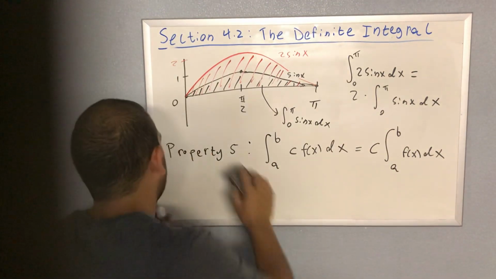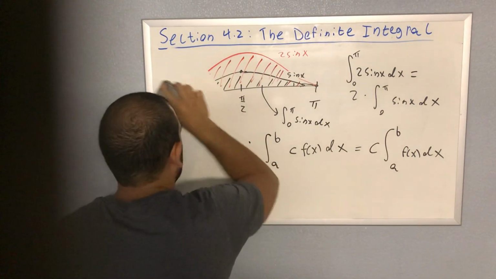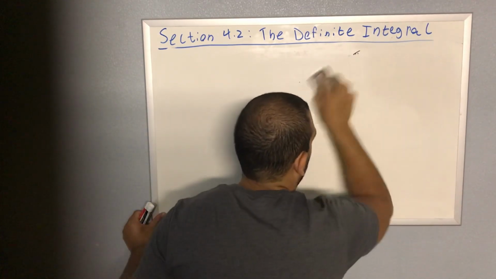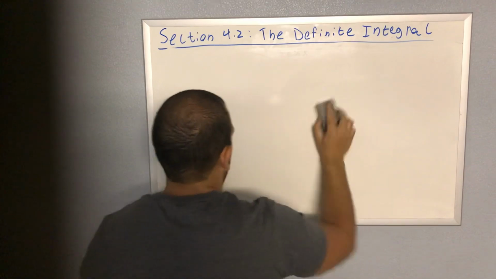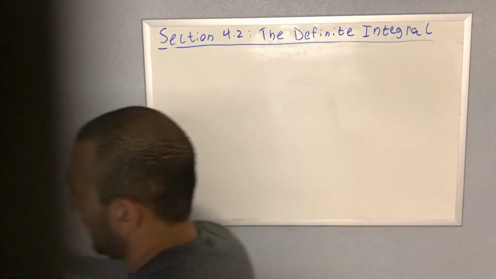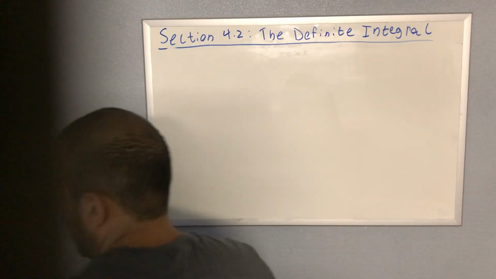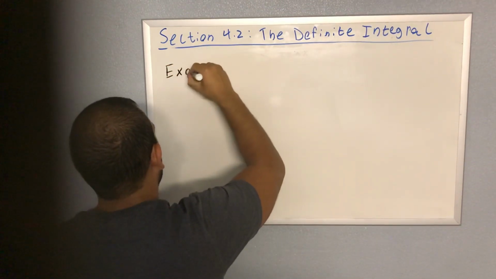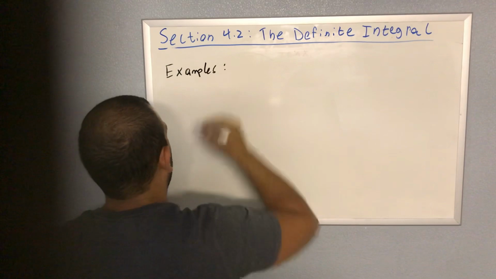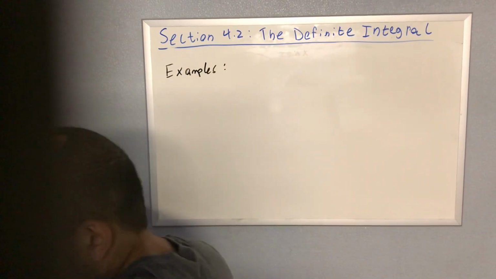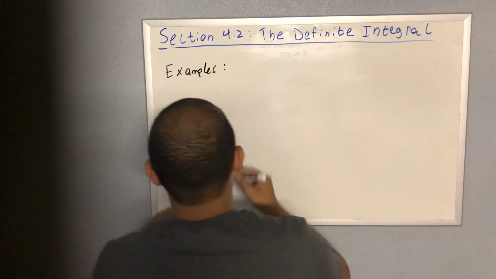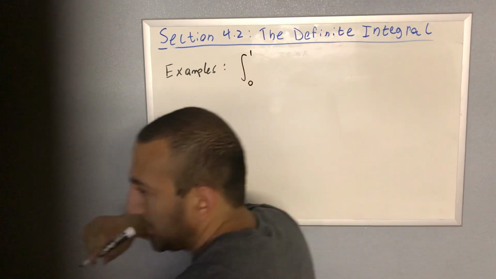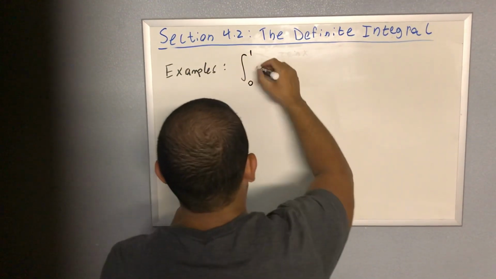Okay, so now let's see examples of all of this. Let's say we want to find the area underneath the curve from 0 to 1 of this function.